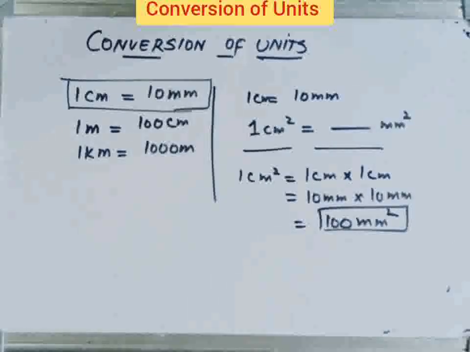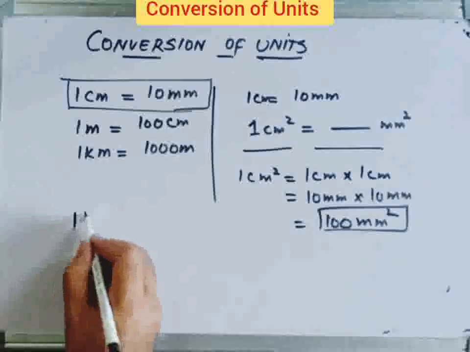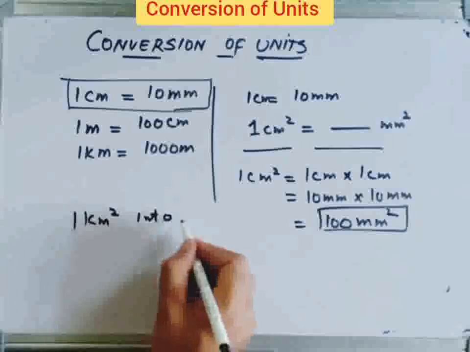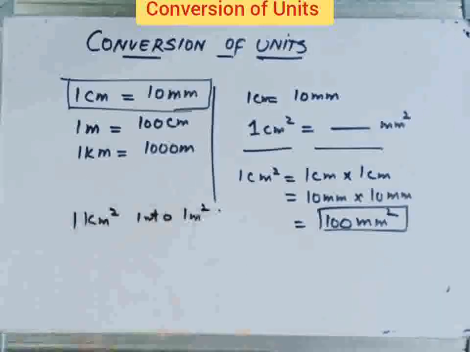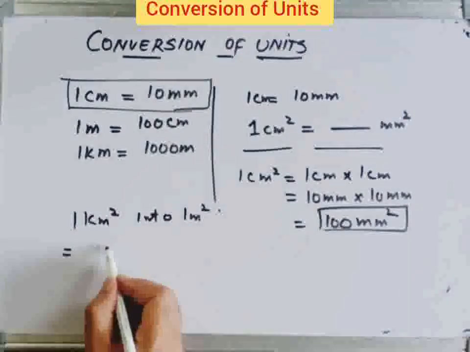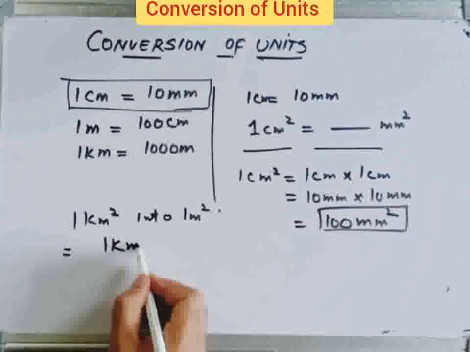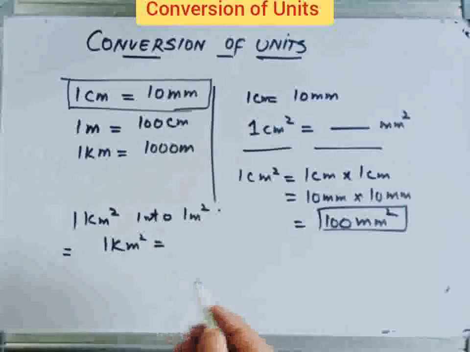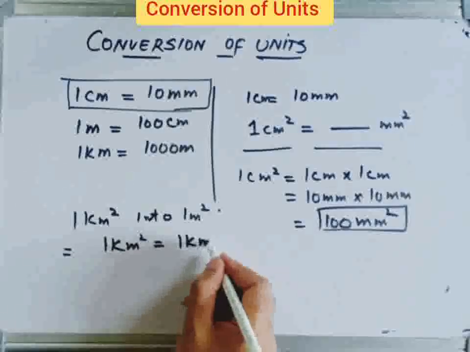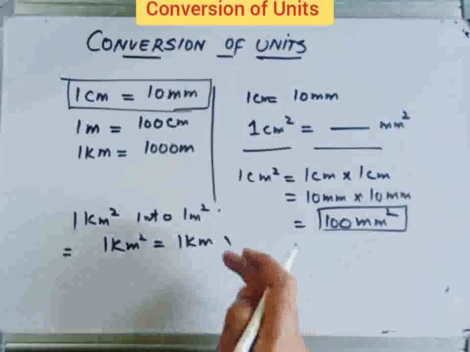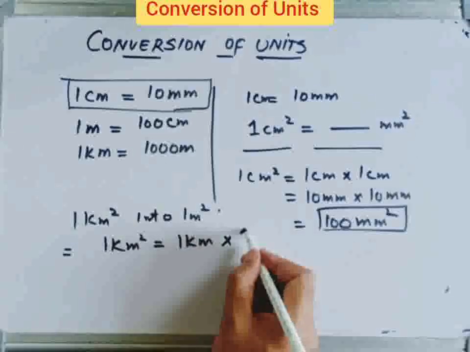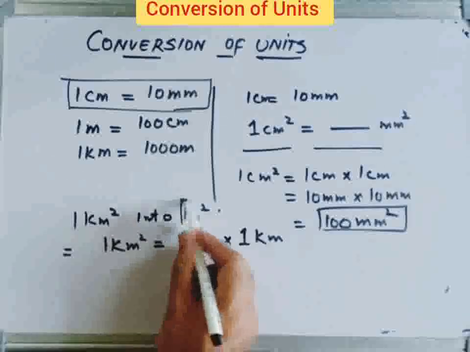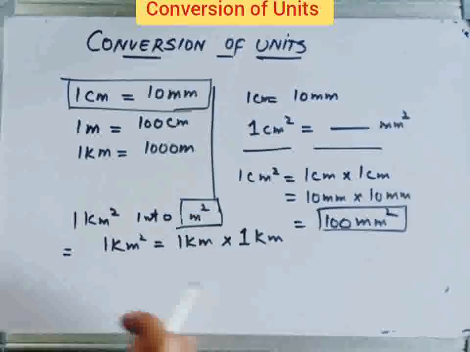Now can you convert 1 kilometer square into meter square? 1 kilometer square actually means 1 kilometer into 1 kilometer. Now we have to convert into meter square.